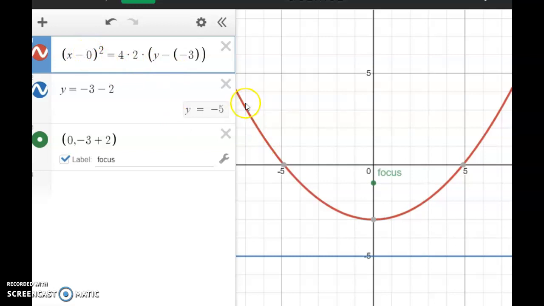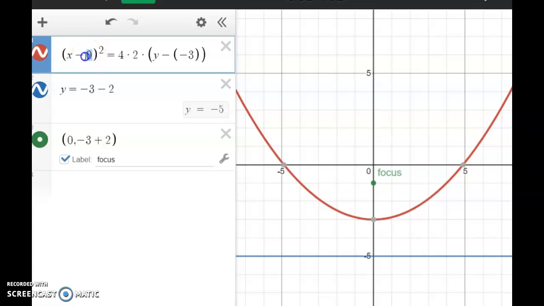So again, here's my equation for the parabola. There it is, and here is the 0 and the negative 3. In fact, there it is: (0, negative 3) is the vertex. Writing it that way tells me right away where the vertex is. The focus I had to compute myself, just plug it in.